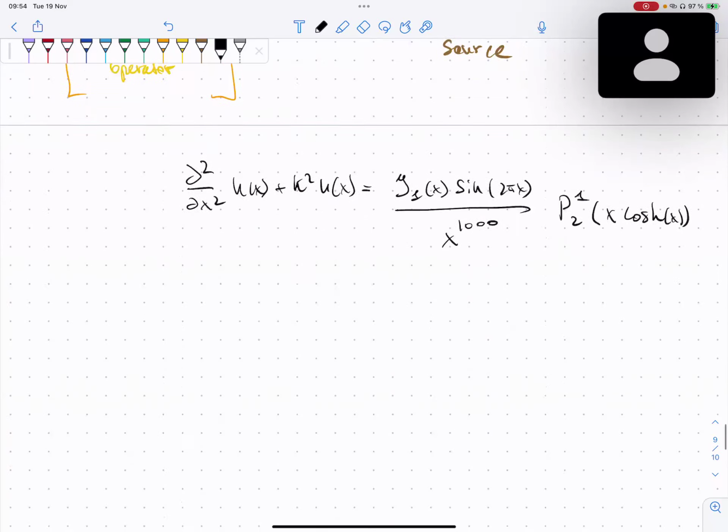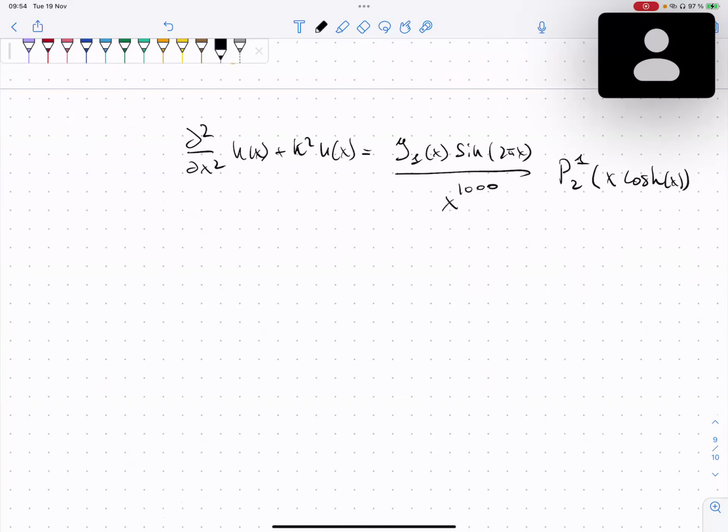But we can notice one thing. There is one very important property of the delta function, maybe its main property: if we have the following integral, f of x times delta of x minus x0 over dx, this equals f of x0.